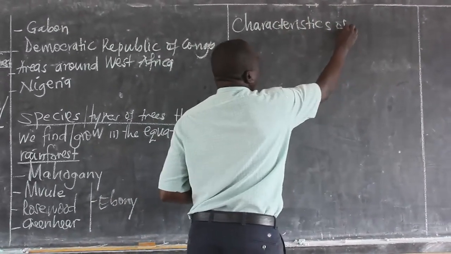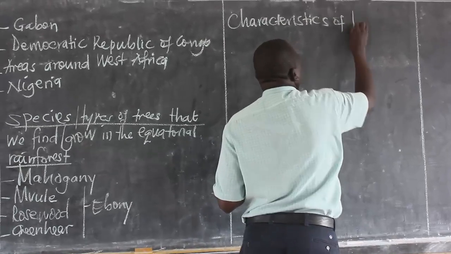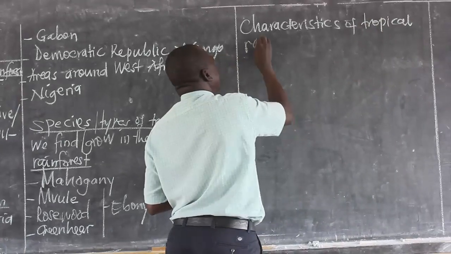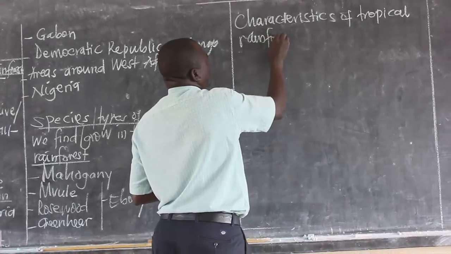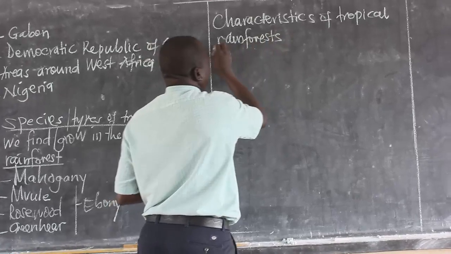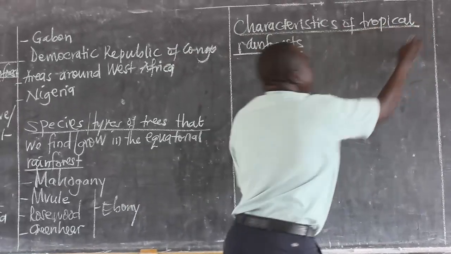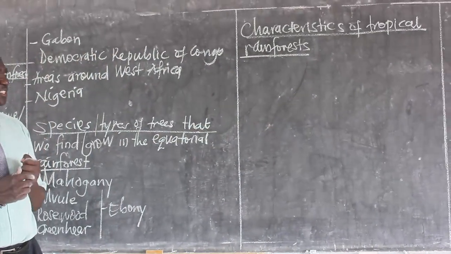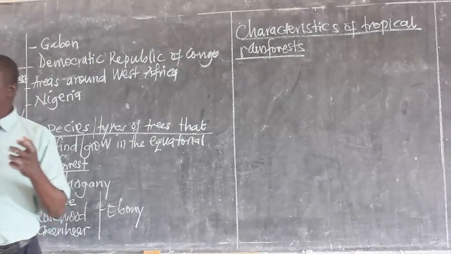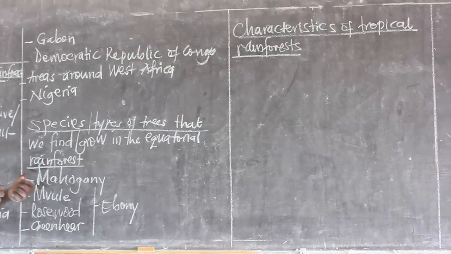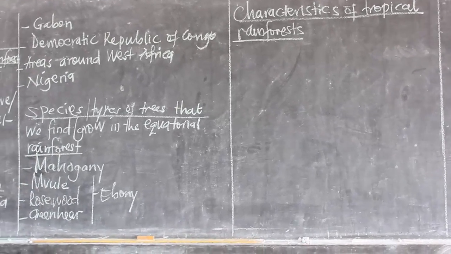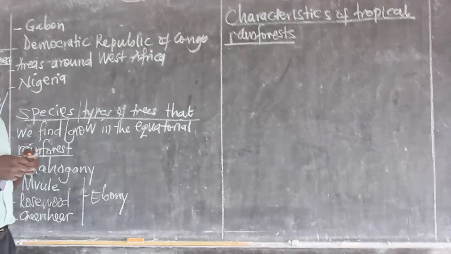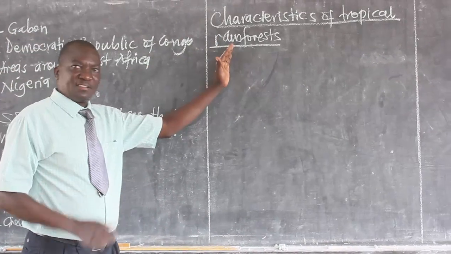Characteristics of tropical rain forests. So this is where we are going. When we talk about characteristics, we are looking at those different aspects that will look at something, making it be the way it is or differ from other things.